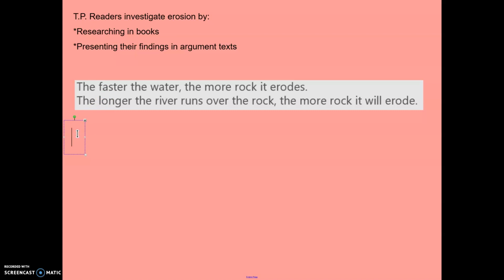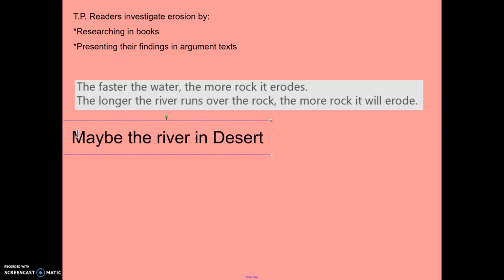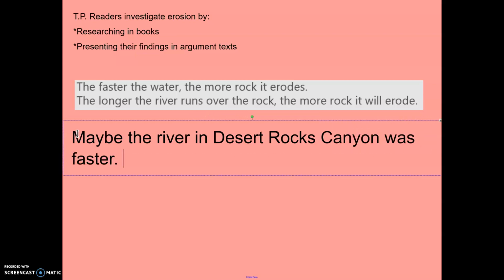So let's bring this back to our original question of why there would be more erosion in Desert Rocks Canyon. And three things come to mind. So maybe the river in Desert Rocks Canyon was faster, and that will cause more erosion.